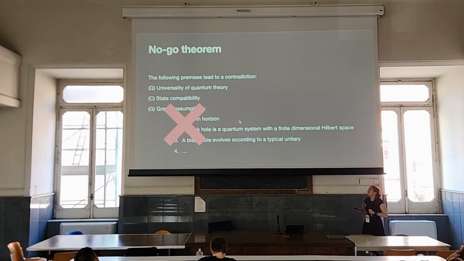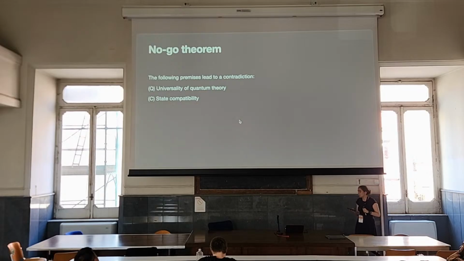So these two assumptions alone lead to a no-go theorem, and we can delete the other two assumptions. What does this tell us? The gravity no-go theorem is, in this sense, logically strictly weaker than this one. So if we want to make statements about whether these gravity assumptions are actually incompatible, we need to make sure that we're not using some assumption which we already know to be problematic with the universality of quantum theory.